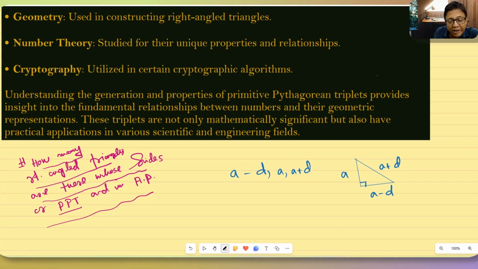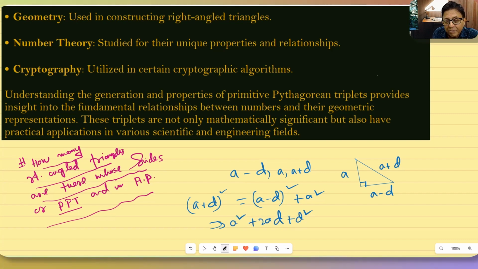So, the relation among these three sides is going to be (A plus D) whole square equal to (A minus D) whole square plus A square. This implies A square plus 2AD plus D square equal to A square minus 2AD plus D square plus A square.